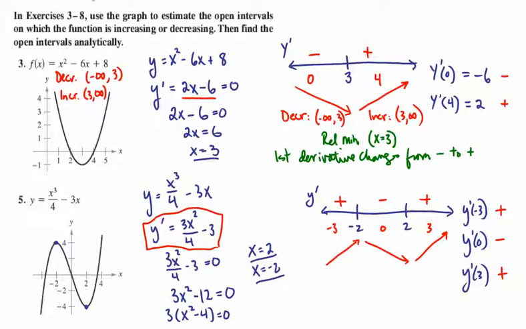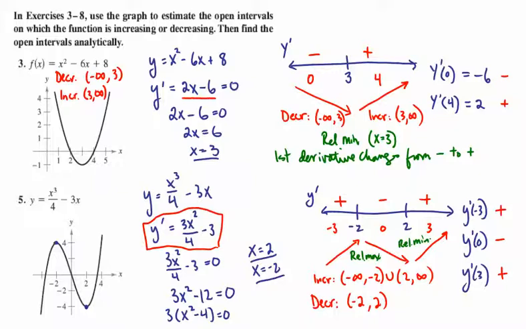So the function is increasing from negative infinity to negative 2, and from 2 to positive infinity. It's decreasing only from negative 2 to positive 2. And you can see again, we have a relative max and a relative min.